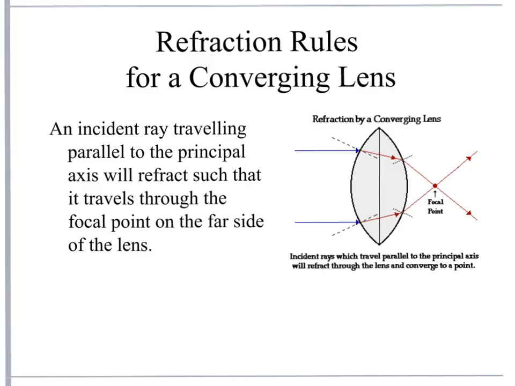The rules for drawing the ray diagrams are very much the same as for mirrors. Any ray that is parallel will come out to the other side and move through the focal point. Because the lens is a transparent object, the ray will travel through the lens for our ray diagrams.